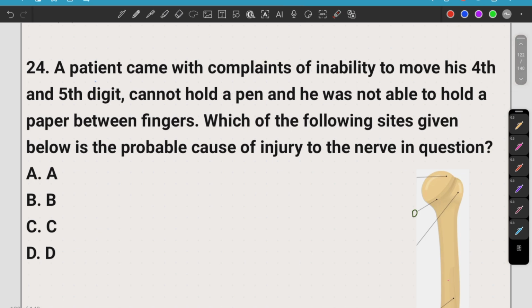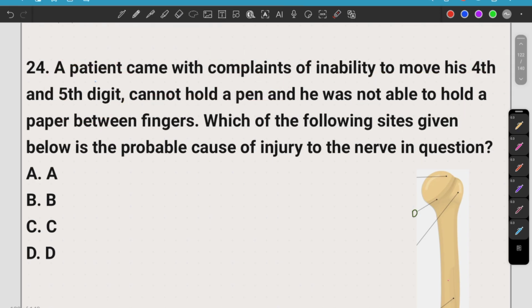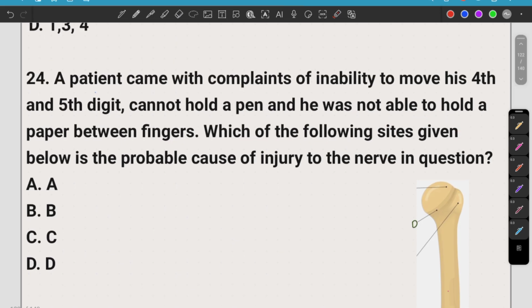24th one. The patient came with a complaint of inability to move his fourth and fifth digit and cannot hold a pen, and he is not able to hold the paper in between the fingers. That means his palmar interosseous is injured. Which of the following sites given below is probably injured?